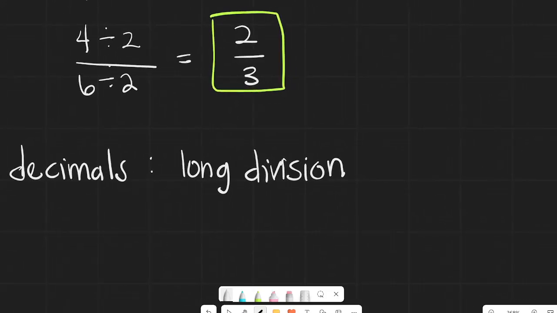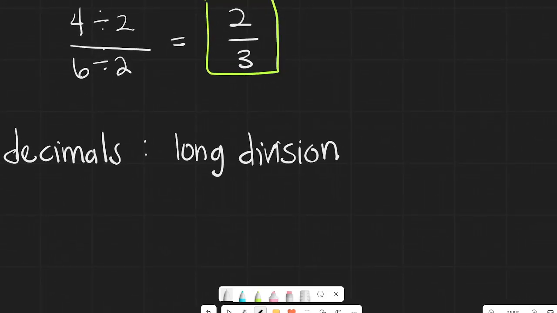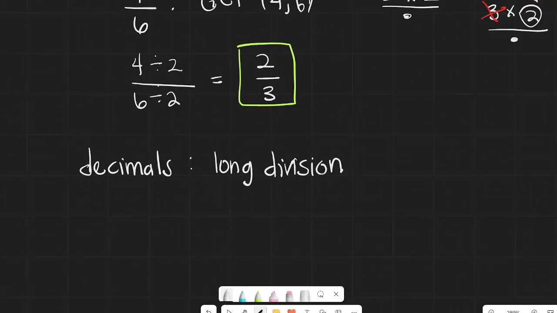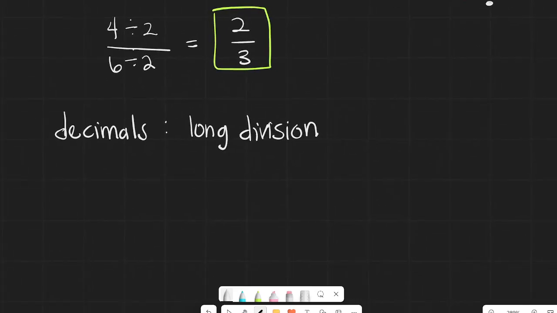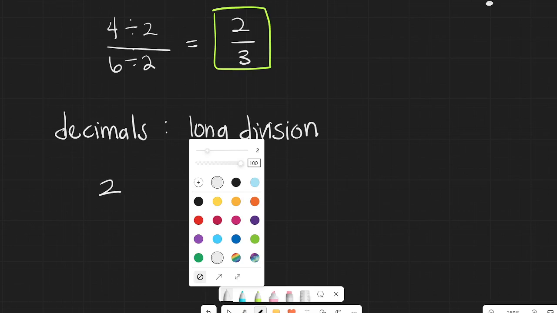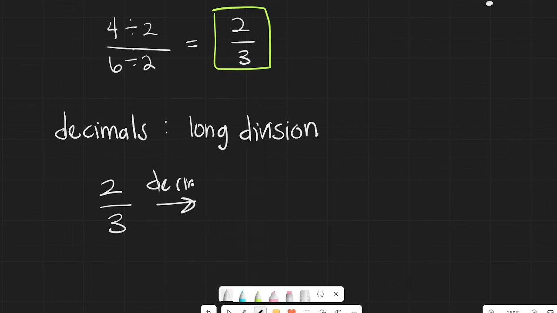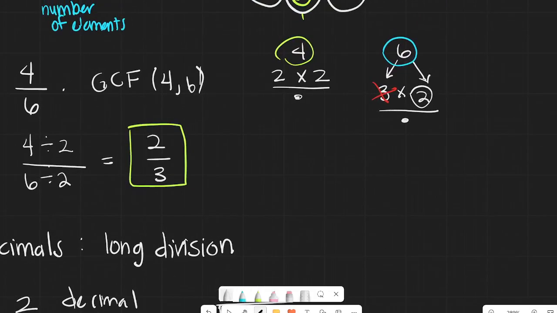And so basically what we're doing here is we're saying, okay, how many times does 3 go into 2, right? So if we want to convert 2/3 to a decimal, we have to say how many times does 3 go into 2? How can we split 2 up 3 times, right? Because that's really what this is right here.